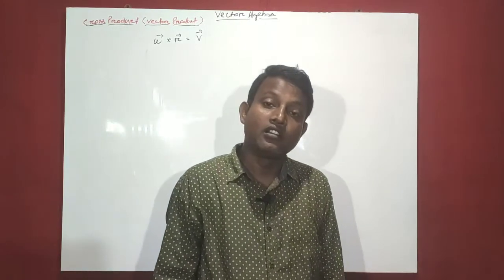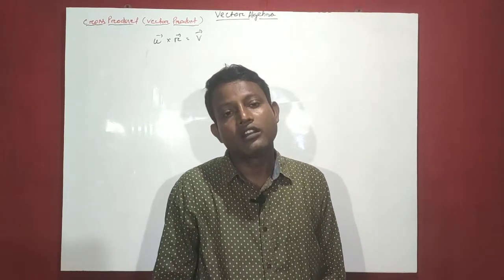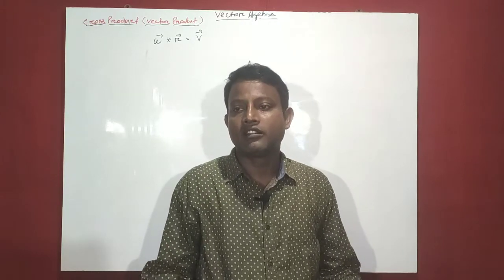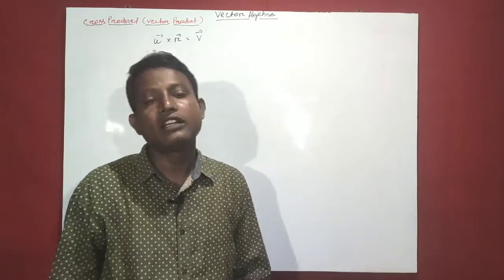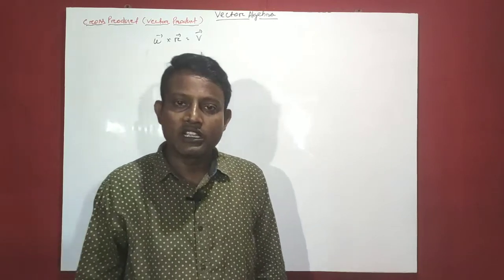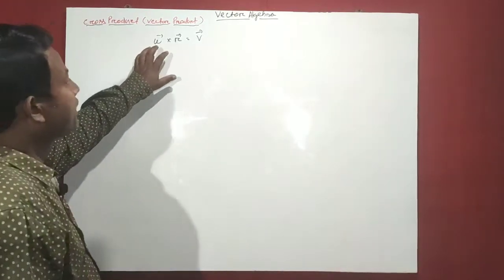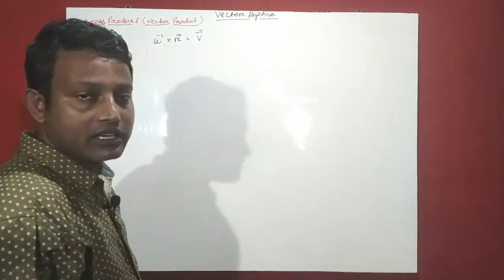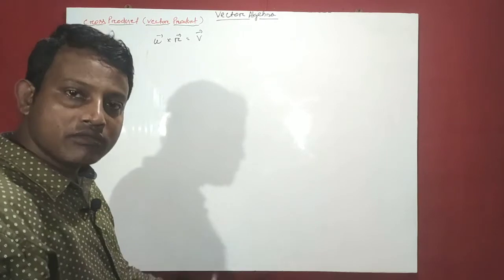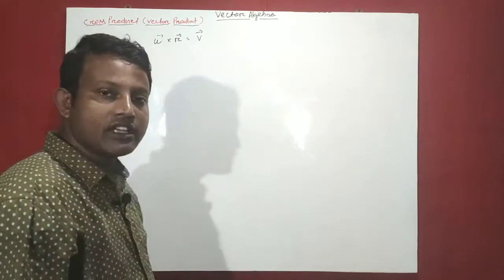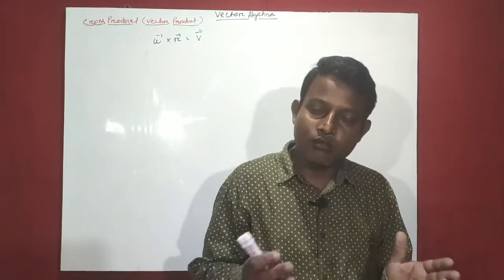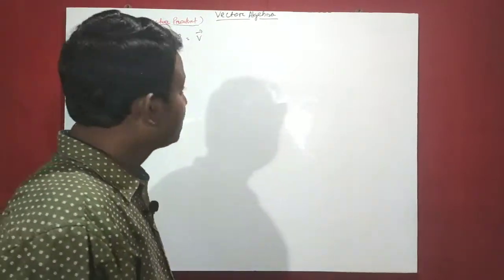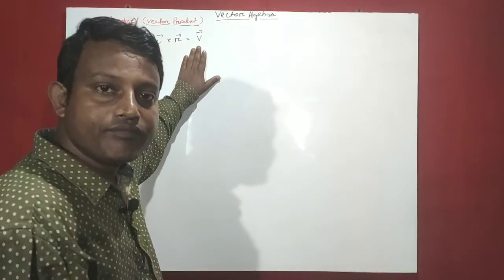But here we can take products of two different physical quantities like omega and radius vector. Both are two different vector quantities. When they multiply, they produce a different kind of result. This is linear velocity.